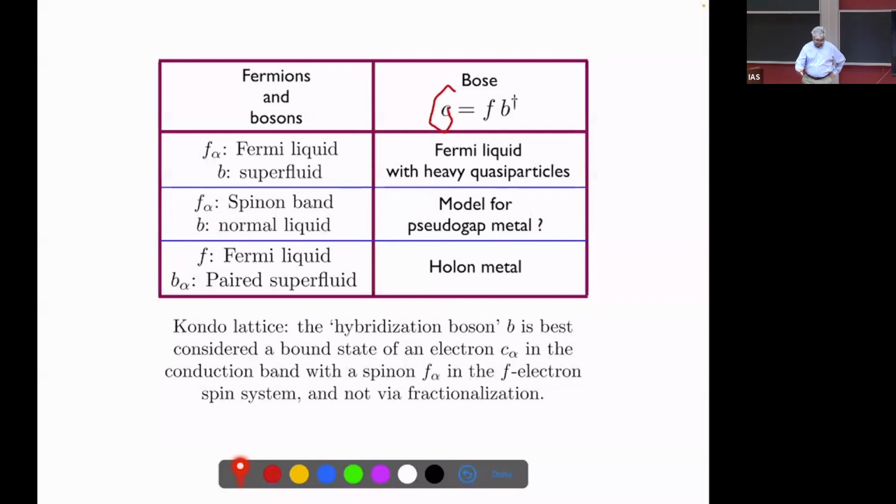So I'm going to address this in much greater detail. I guess the main comment I would make is that, roughly speaking, this parton construction doesn't really work. It's nowhere near as successful as all the others that we discussed. And one of the reasons it doesn't work is that what's causing the fractionalization is the exchange coupling, which is about J. But what wants to bind them together again is the hopping.